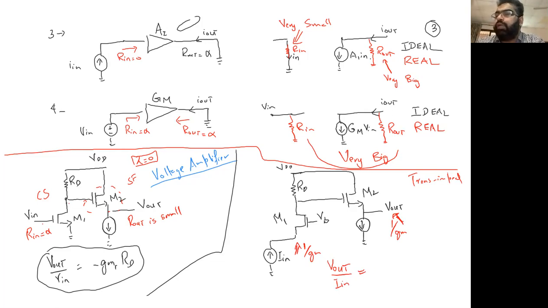So V out by I in will ultimately be RD, since our lambda is equal to 0. So the transimpedance gain will be the value of this resistance RD. Okay? Make sure to clarify this point. Then comes, let's see an example of the other two.